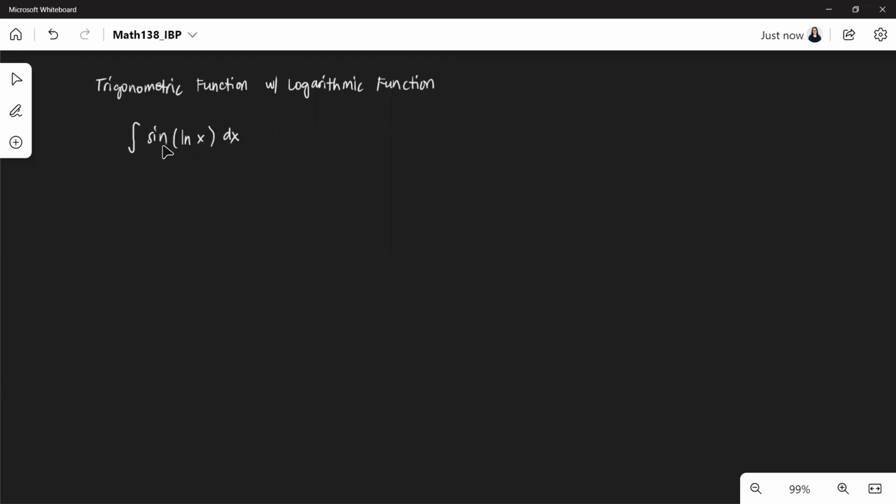That should be sine of ln of x, so it should be one single function for the u. It would be best if you have only one type of function as the integrand, so you label that as the u and then the dx would be the dv.